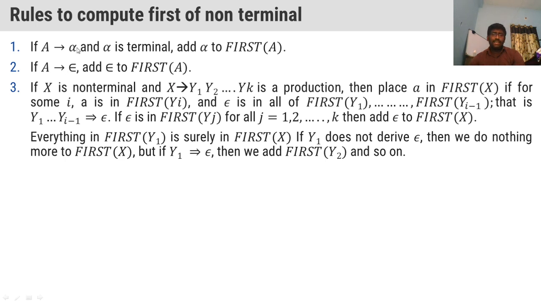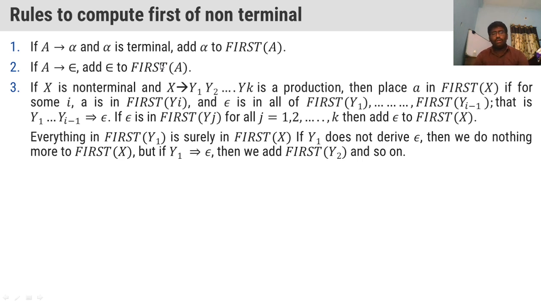On the right hand side we have alpha, and we mention that alpha is a terminal. And in the second production rule, A implies epsilon, and epsilon we directly add to the first set of A. Why? Because epsilon means nothing, but we will add the epsilon symbol to the first of A.